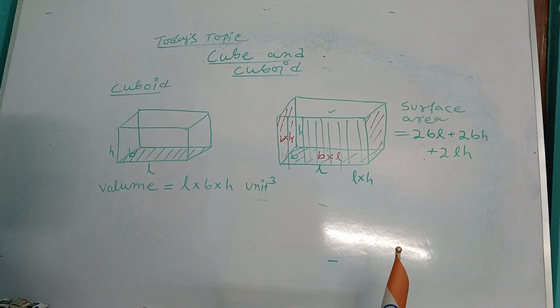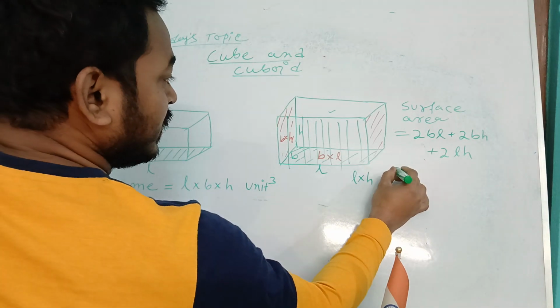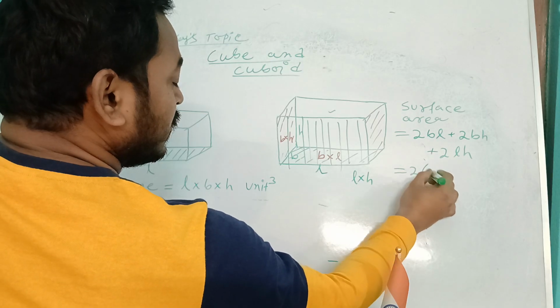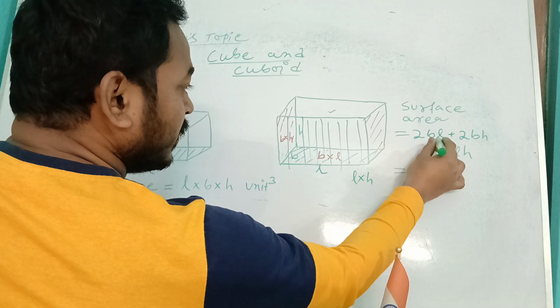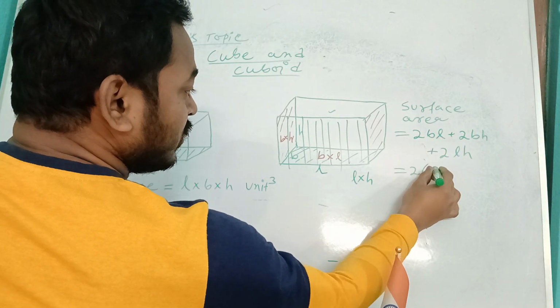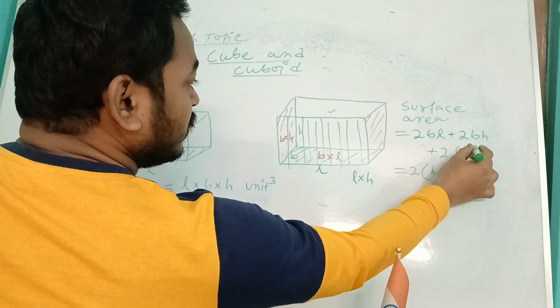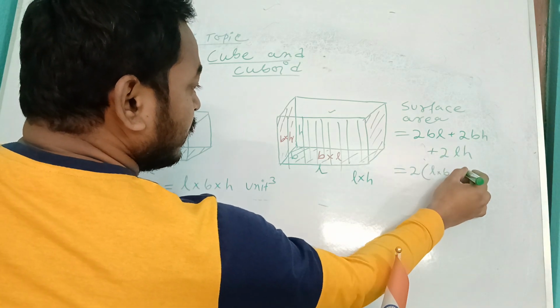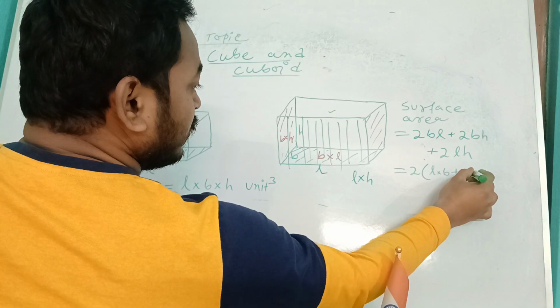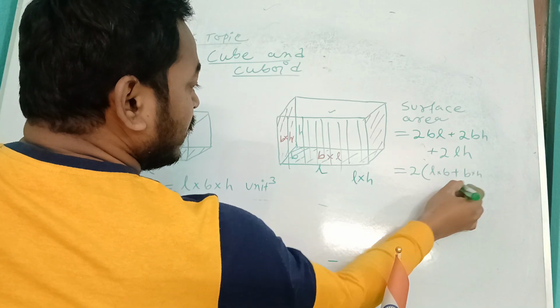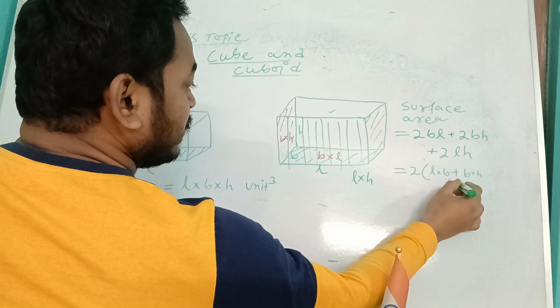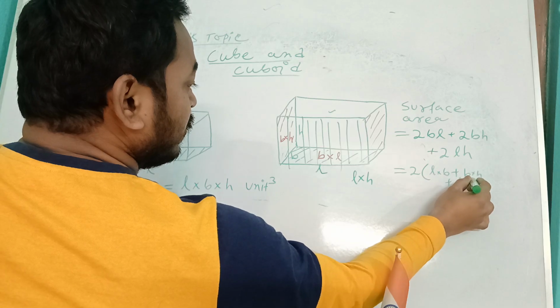Then we can write 2 common: length into breadth, LB, plus breadth into height plus length into height.